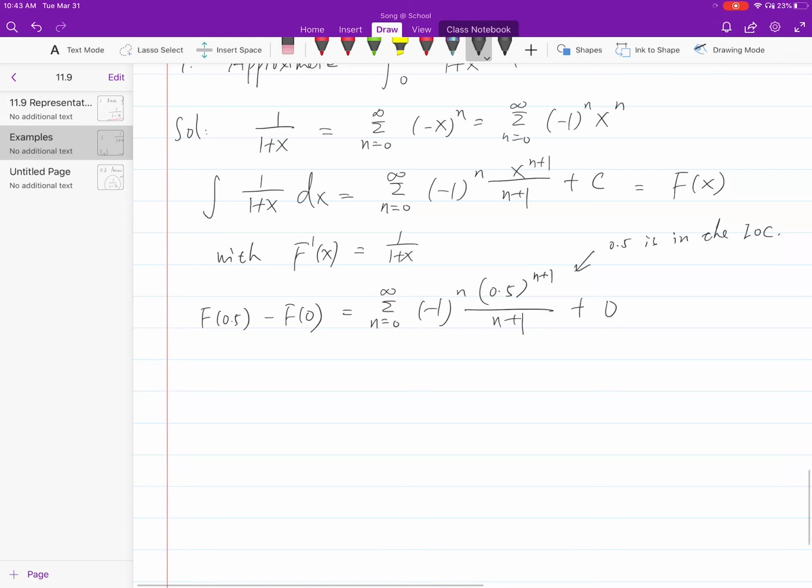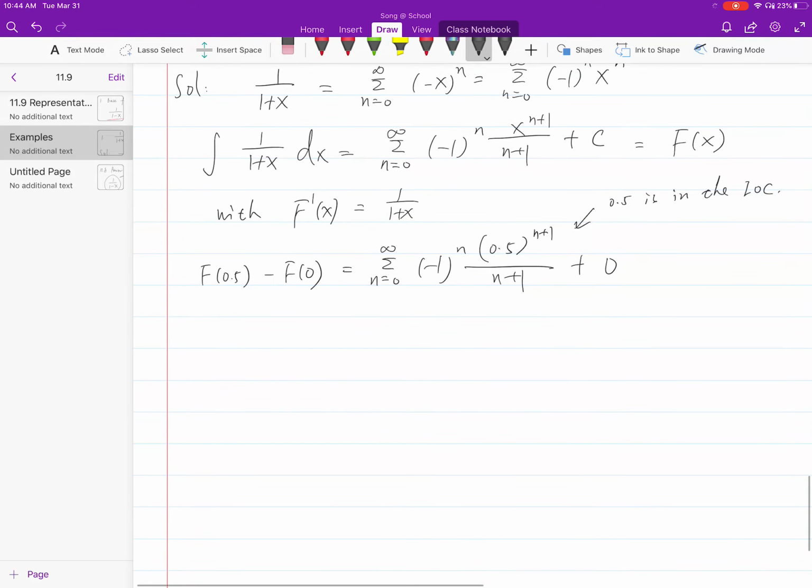But now if you just want an approximation, you can simply take whatever precision you want. For example, you can take 10 terms.